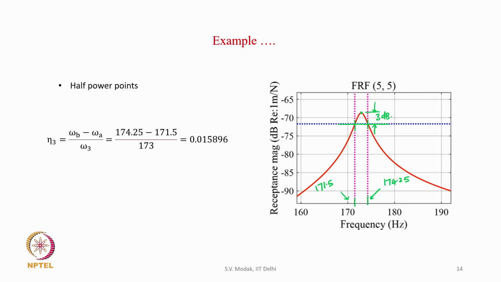Once these half power points are obtained, we use the expression eta 3 is equal to omega b minus omega a upon omega 3, and because the natural frequency omega 3 we have already found to be 173, we get an estimate of the modal loss factor, which has turned out to be 0.015896.